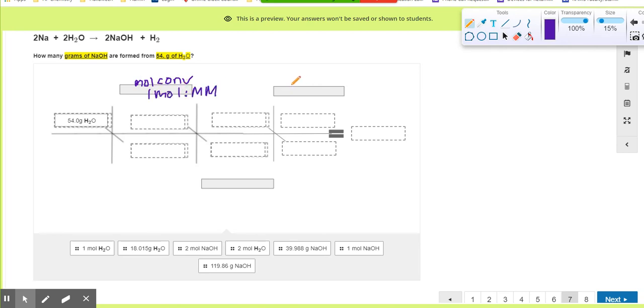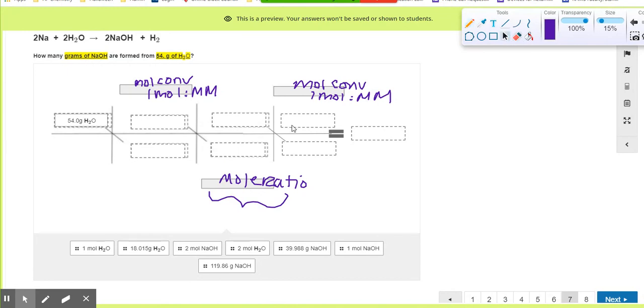We have our mole conversion over here, which is 1 mole to molar mass again. And then this right here is our mole ratio, so I'm just going to leave that there. That way we have it to remember things.